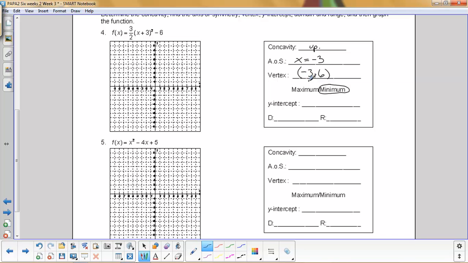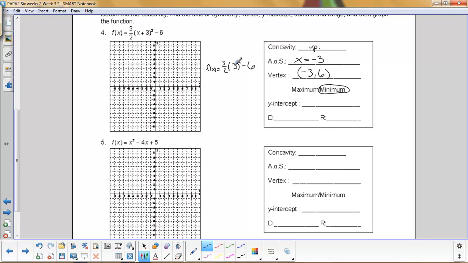The y-intercept is found by simply plugging in 0 for x. So that's going to be f of x equals 3/2 times 3 squared, which is 9, minus 6.